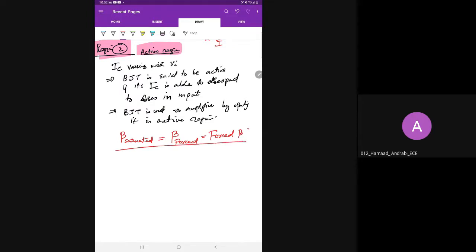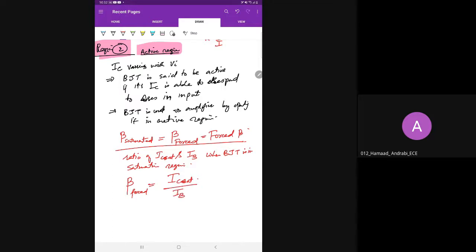So forced beta is basically the ratio of IC saturation and IB. So when the BJT is in the saturation region, beta forced will be equal to IC saturation divided by IB.